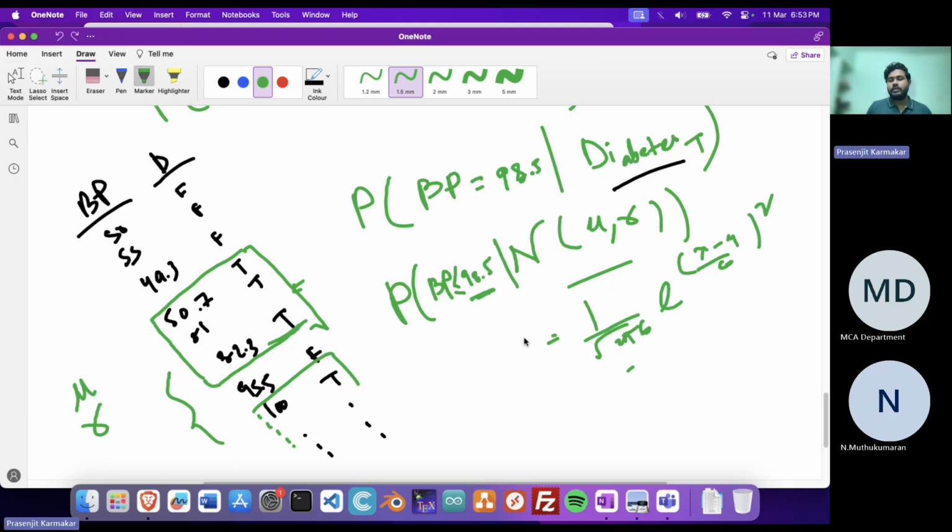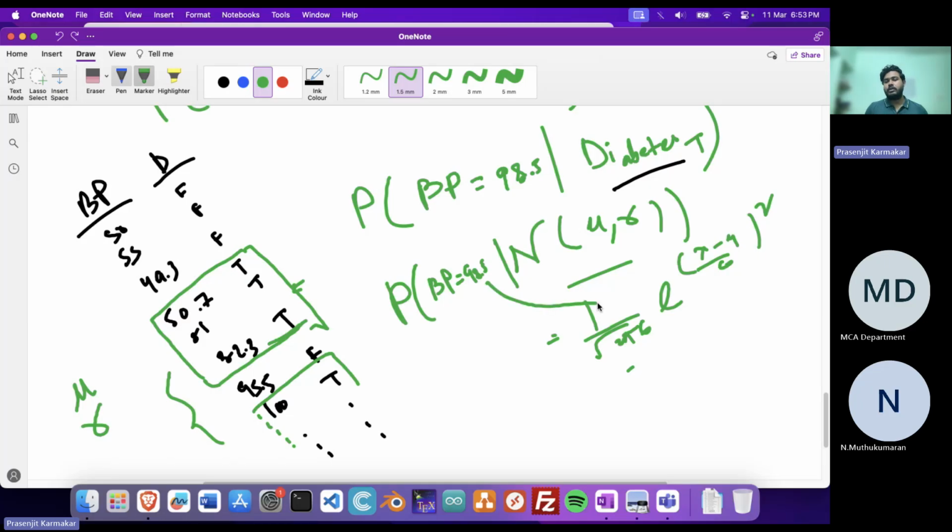Okay, so that will give you what is my probability of BP to be exactly 98. So if I just put it, it will not be less than or equal to, instead it will be equal to, but it is theoretically not sound because we cannot compute instantaneous probability from a continuous distribution.